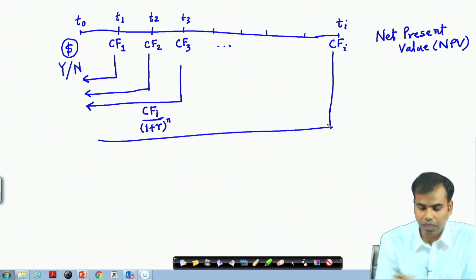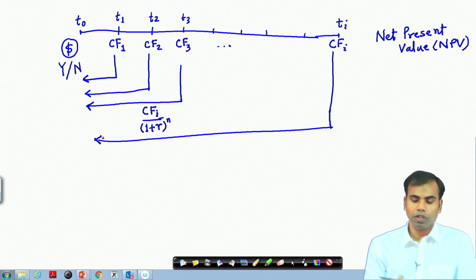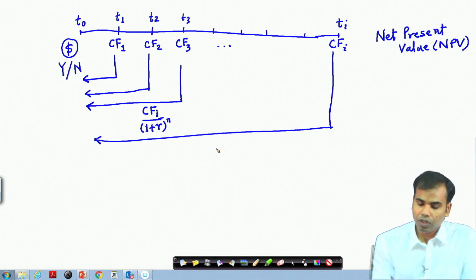So, when we are discounting cash flow at time 1, we will be using cash flow at time 1 divided by 1 plus discounting rate, and n would be 1.